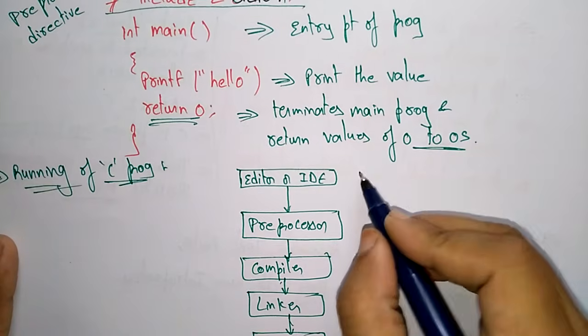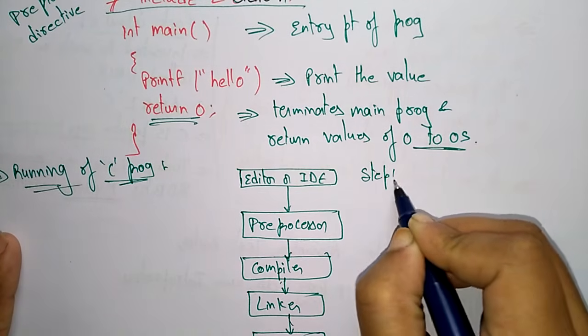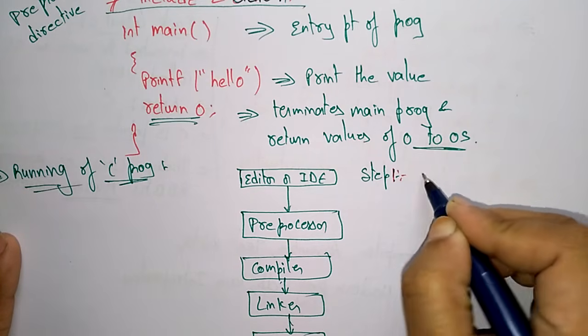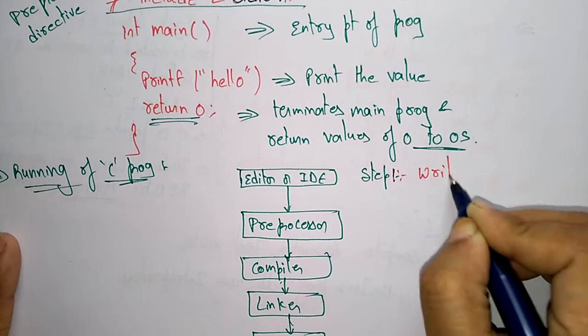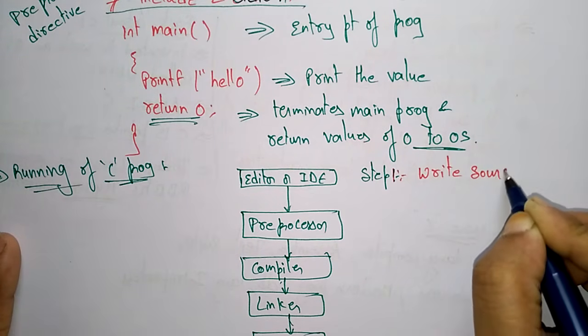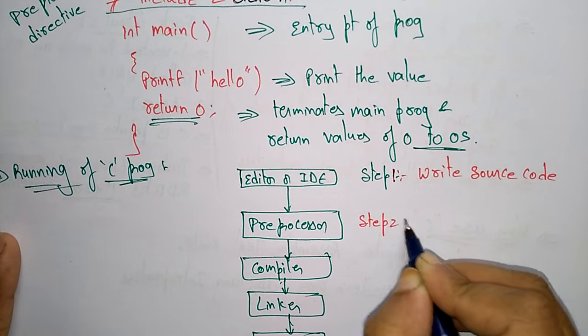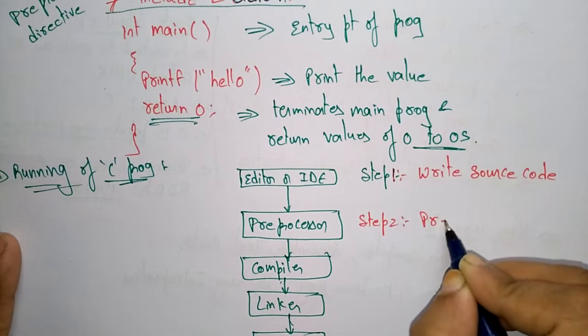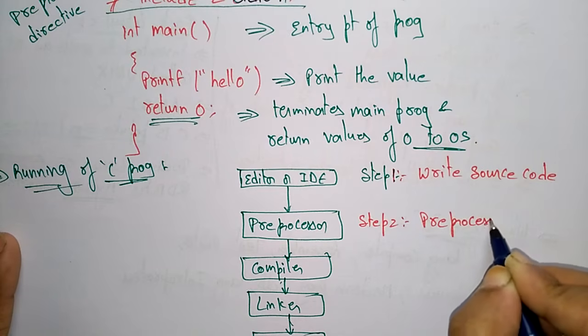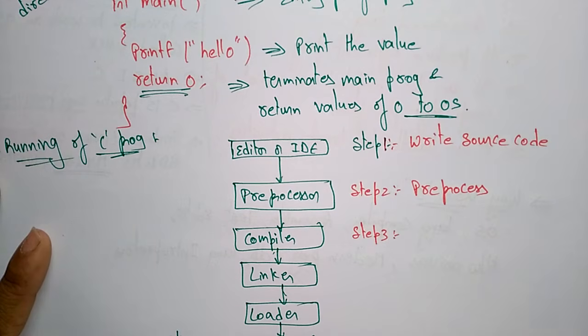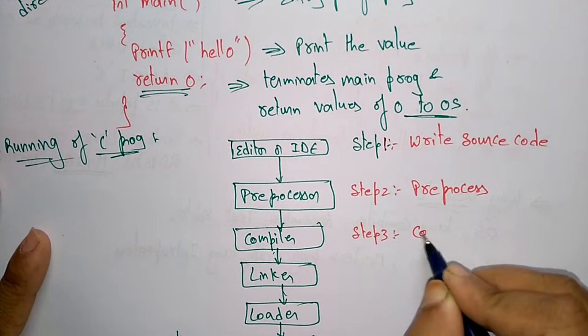So here this is step 1. Step 1 is write source code. In the editor you are writing the source code. In step 2, this is the preprocess. Step 3, it is compiling the program.